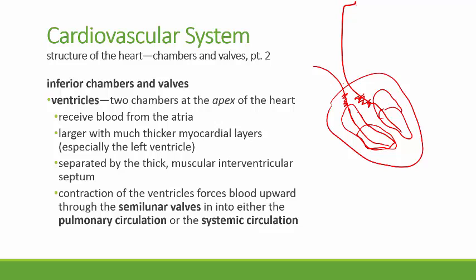Those valves may also be called the aortic semilunar valve and the pulmonary semilunar valve because the flaps of the valves look like little half moons. And they're pushing out the blood either into the pulmonary circulation or the systemic and the coronary circulations. Coronary.